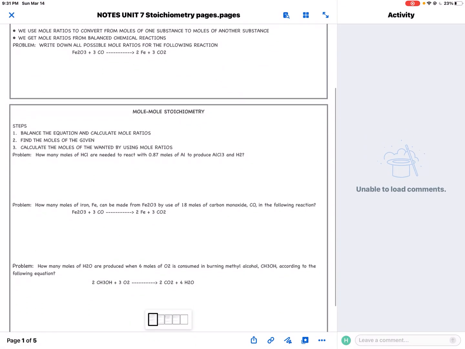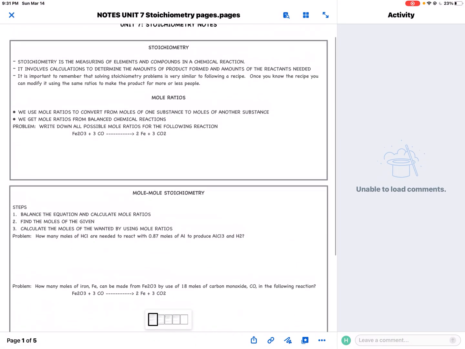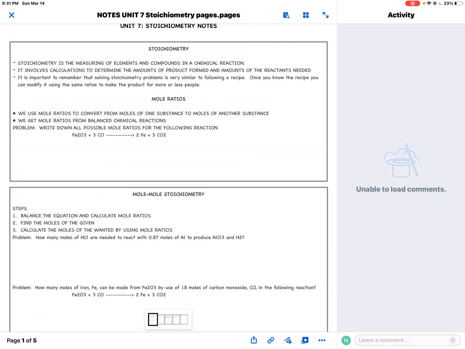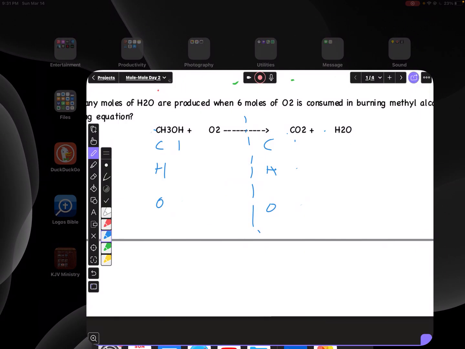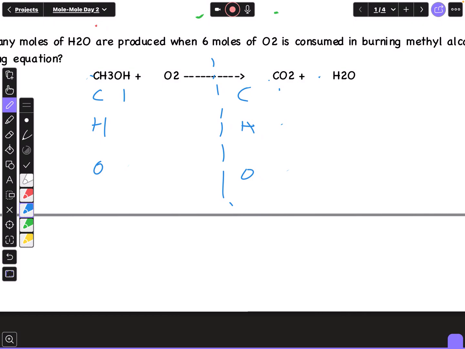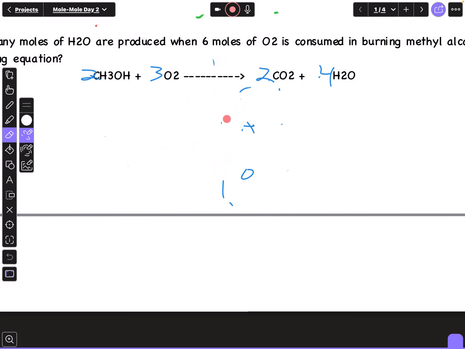So I'm just going to give you this one, because that one's a very hard one to balance, and I probably would have to play around with it for a while. I don't want to waste time balancing one that I would never give you on a test anyway. So if we have this one, that should balance it out.